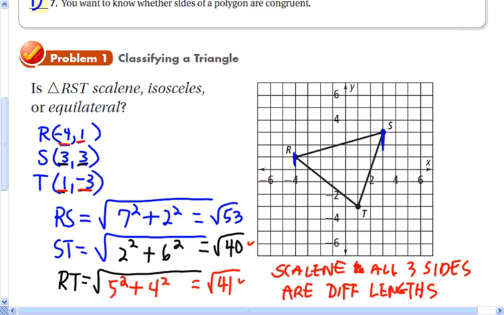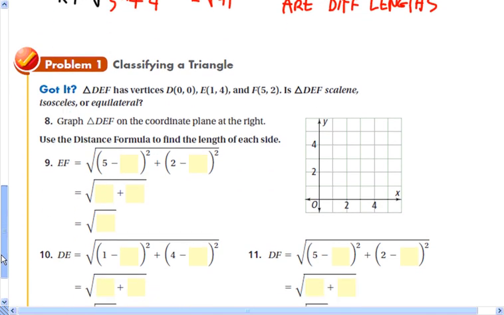Go ahead, you try problem 1. See if you can use the distance formula there to help to classify that triangle.